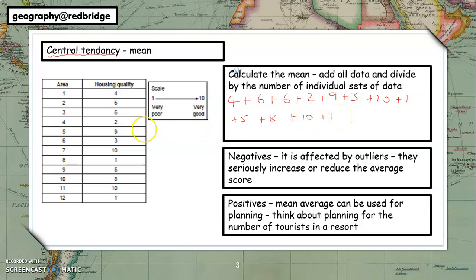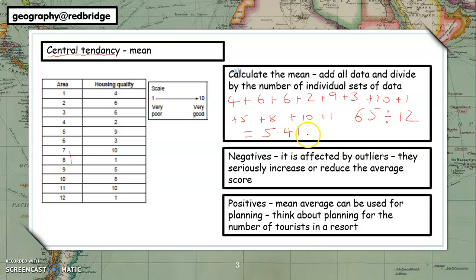Now, because there are 12 variables, that gives us a total of 65, and we divide that by 12 because we have 12 different sets of data. So 65 divided by 12 brings us out with a score of 5.41.